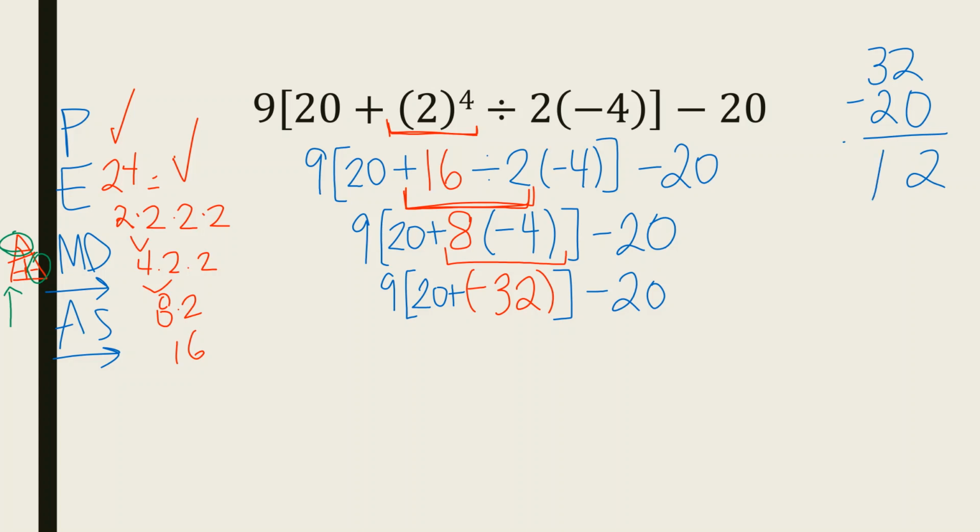Now if you look here, we have more negatives than we have positives. So our sum is actually a negative 12. 20 plus negative 32 is negative 12. And bring everything down just the way it is.